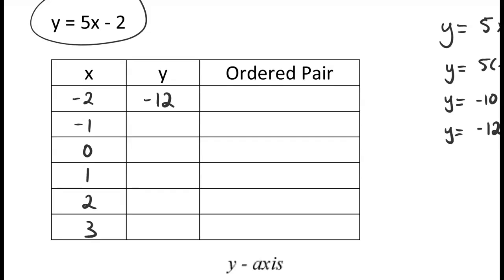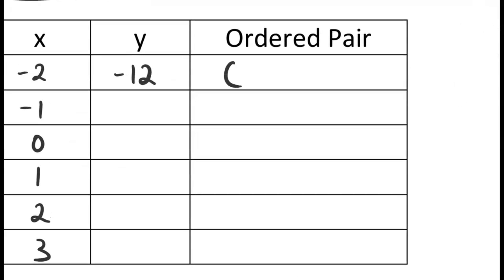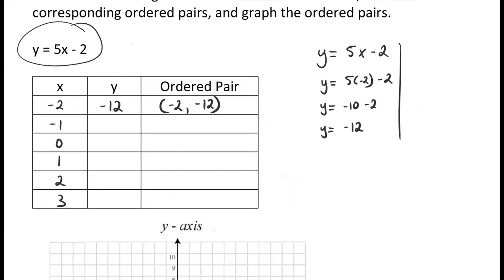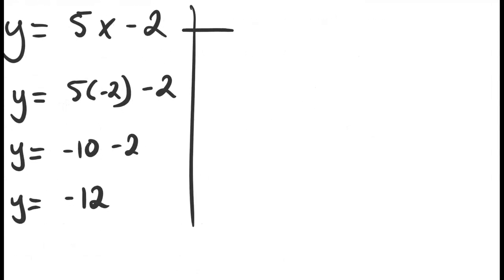So remember, when we're writing our ordered pairs, x is going to be your first one listed, and y is going to be your second one listed. So let's look at two more examples here. Now we're going to be using x as negative 1. So same equation that comes across. Y equals 5 multiplied by negative 1, subtract 2.